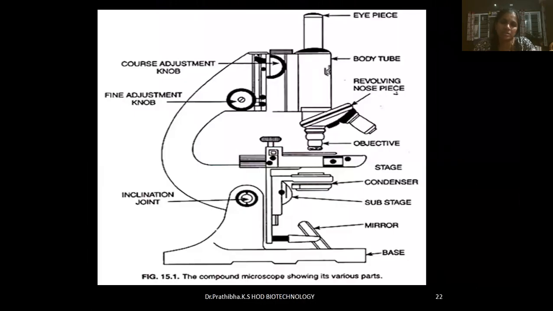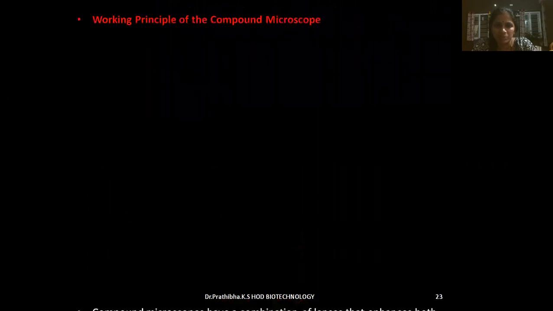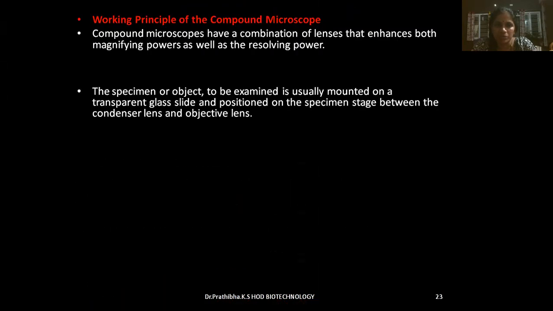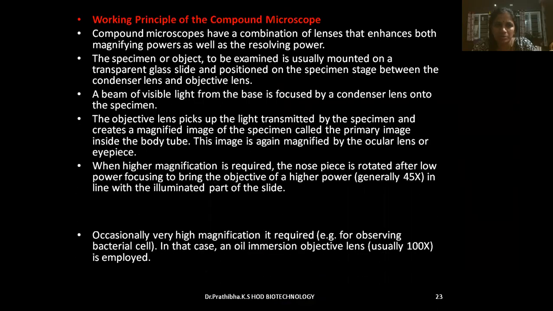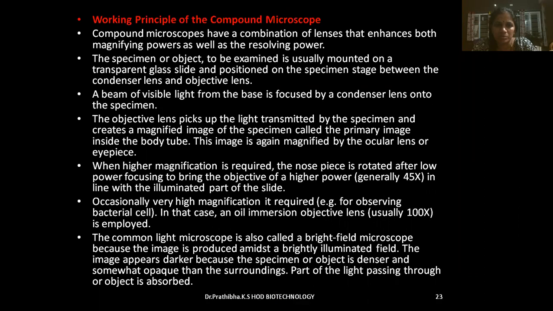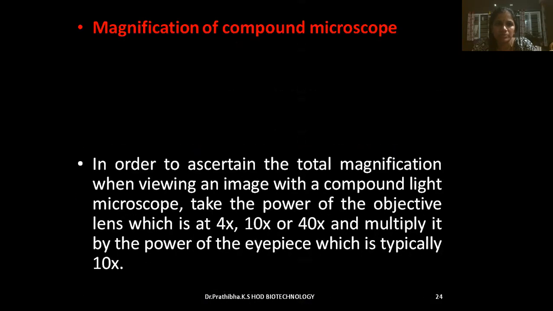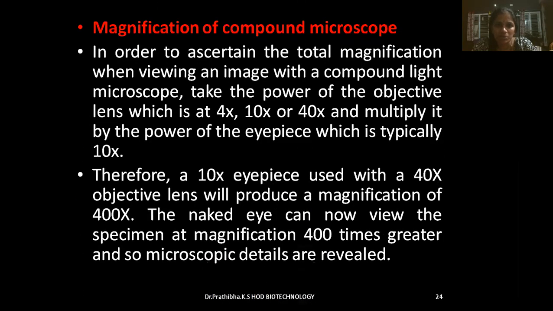Here we have the diagrammatic representation of the compound microscope. You must be able to label all the parts of the microscope. Then you should focus on the working principle of the compound microscope. Magnification of compound microscope.